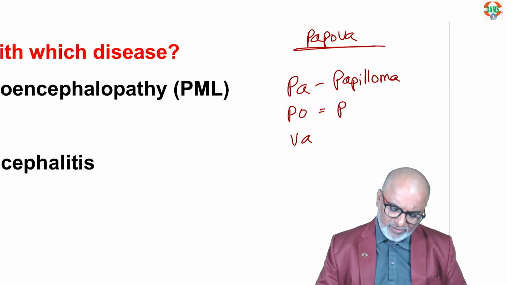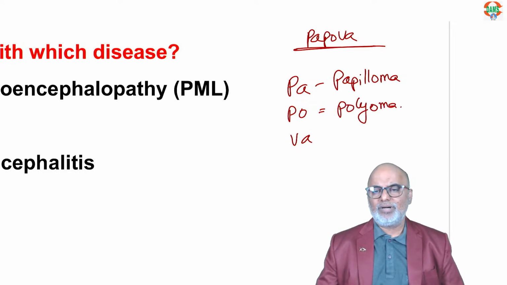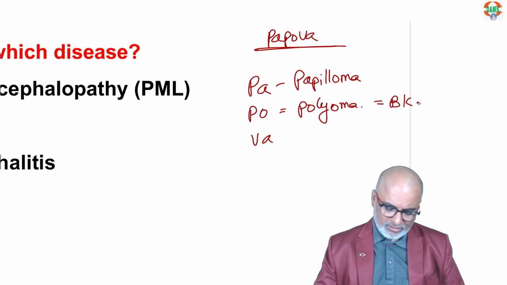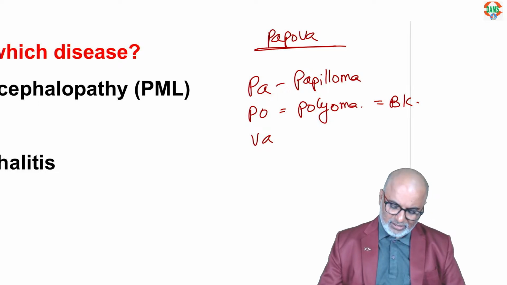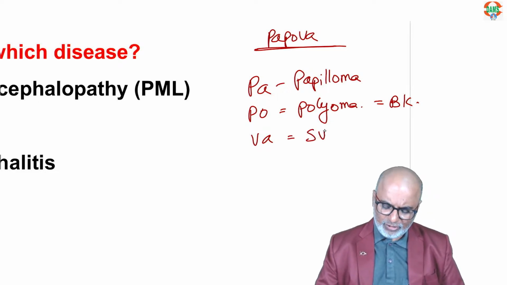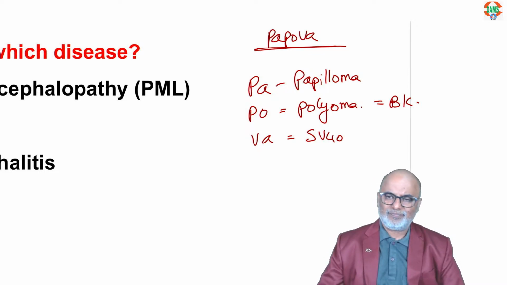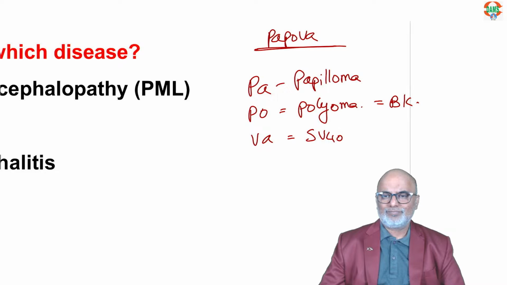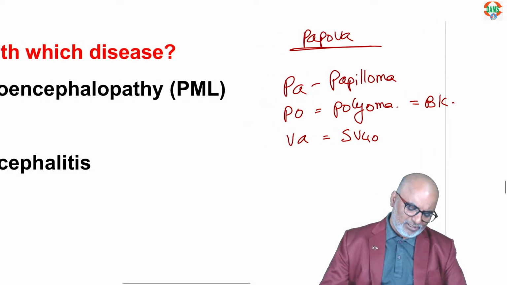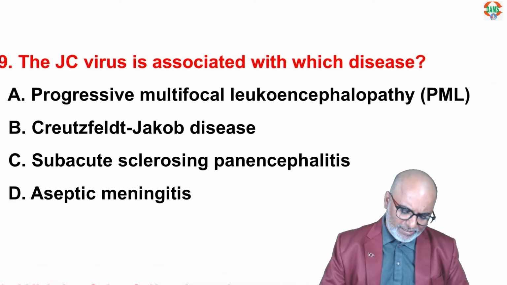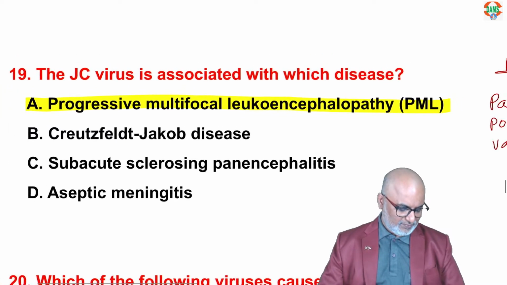Next is polyomavirus, for example BK virus and JC virus. Third is simian vacuolating virus, SV40. JC virus is associated with PML, a space occupying lesion in the brain, progressive multifocal leukoencephalopathy. Very good.